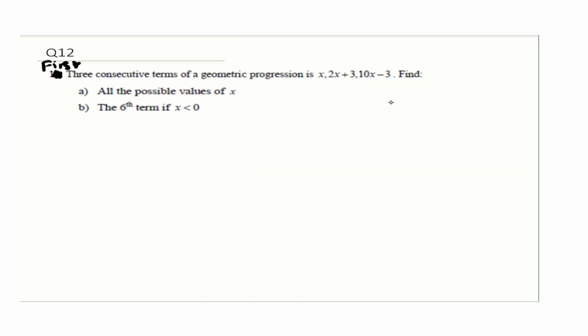Okay, now let's continue with question 12. For question 12, Madam wants you to add so that the first sentence becomes the first 3 consecutive terms of a geometric progression: x, 2x plus 3, then 10x minus 3.